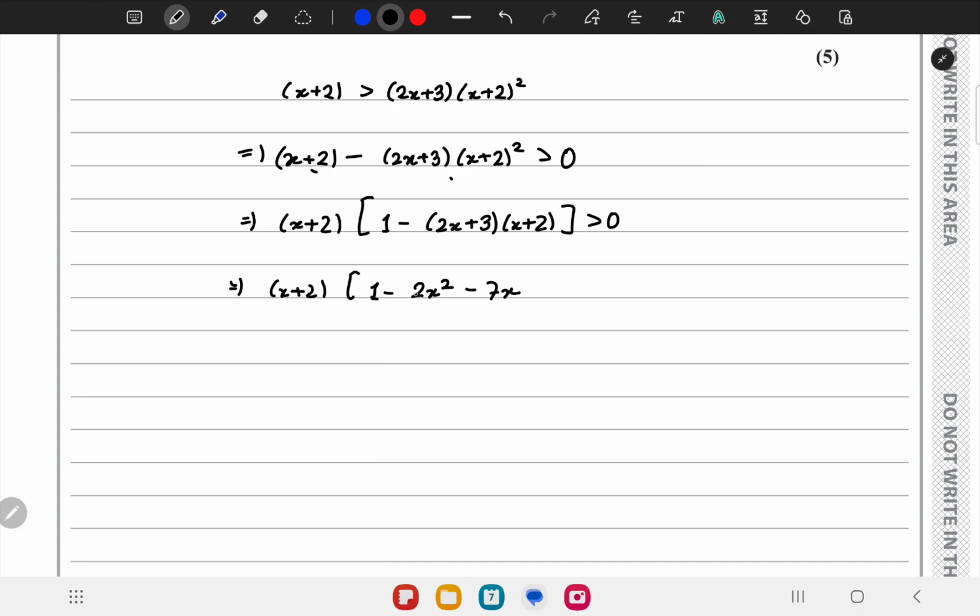You can keep the minus outside and do the calculation, it might be easier for you. So we'll have minus 2 times x squared, 2 times x plus 2 is 4x, 3 times x is 3x, 3 times 2 is 6, so plus 7x plus 6.